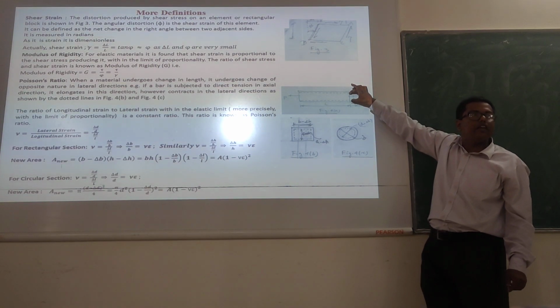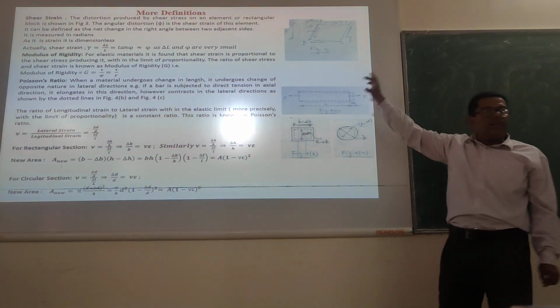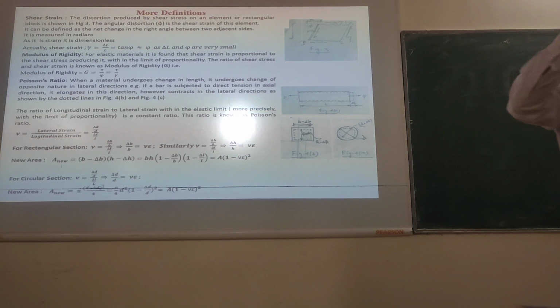Let's say this shortening is delta B. Then delta B by B will be your lateral strain, and delta L by L will be the longitudinal strain. And what is Poisson's ratio? Poisson's ratio is nothing but the ratio between lateral strain and longitudinal strain.